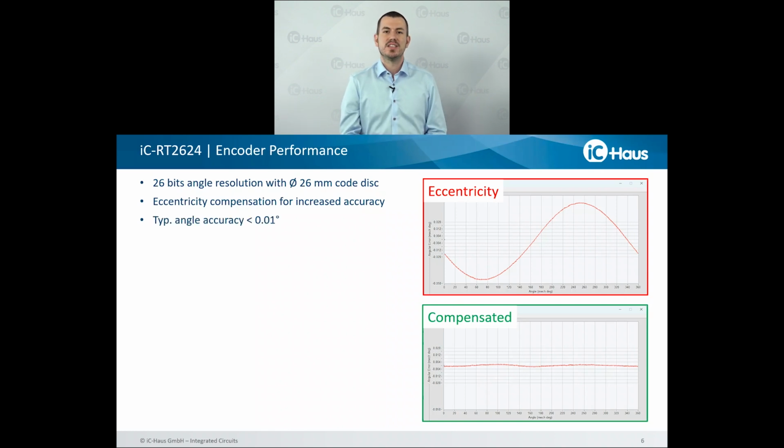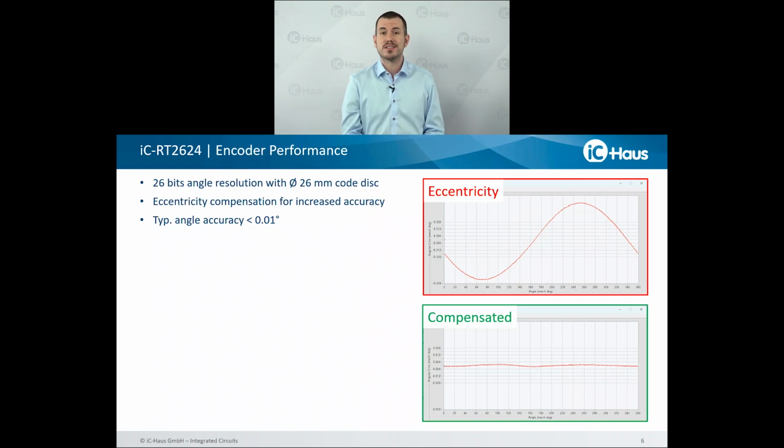Typical angle accuracy that you can achieve with this device is below 0.01 degree. That said, this number here is a little bit on the conservative side, because if we talk about arc seconds, this would correspond to 36 arc seconds. If we're talking arc seconds, of course, the quality of the overall system design, mechanics, code disk, and so on is extremely important too.